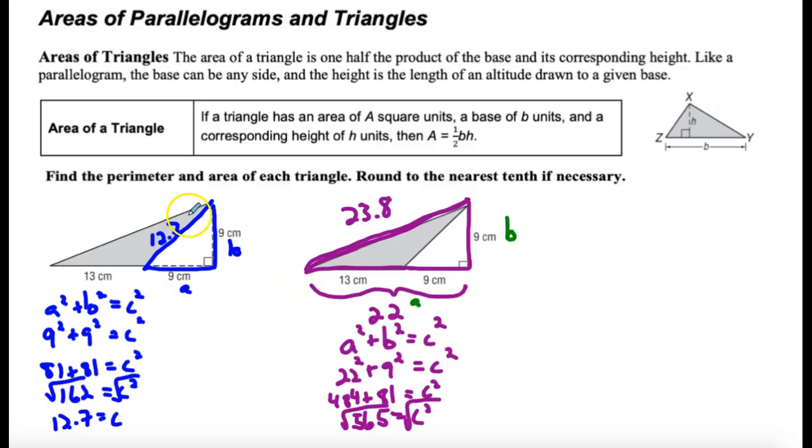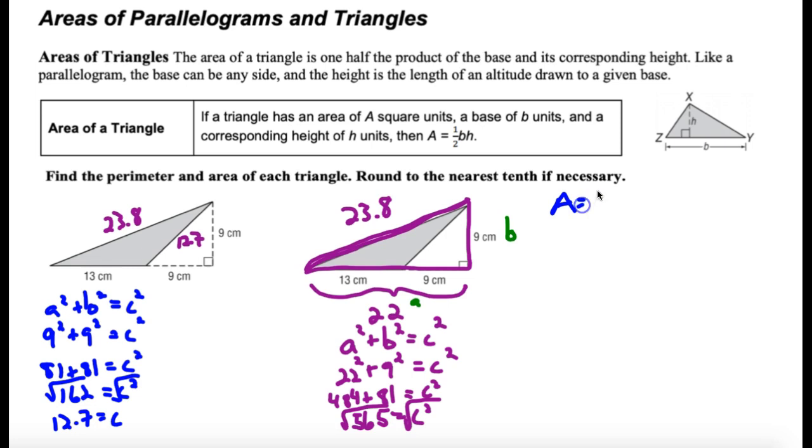So let's look at the information we have. Okay, let me clean up this triangle here. So two pieces of information we just solved for. This side is 23.8, and this side right here is 12.7. So let's figure out what we need for the area and the perimeter.